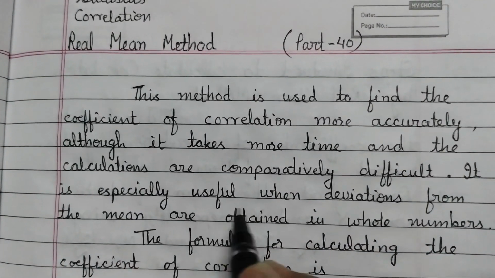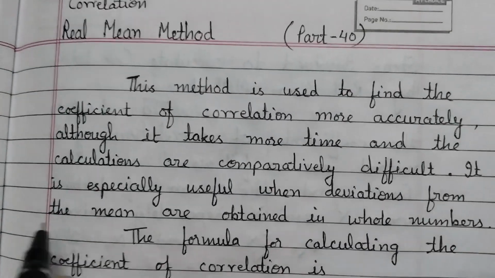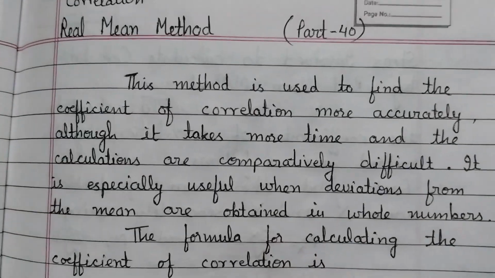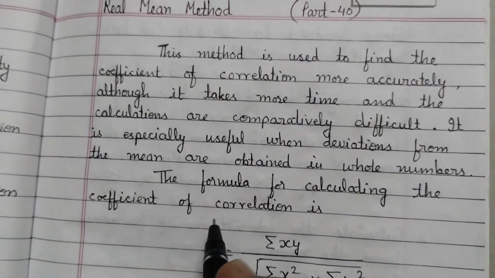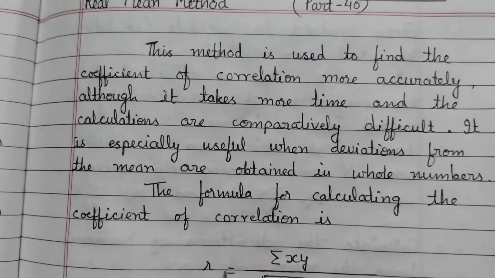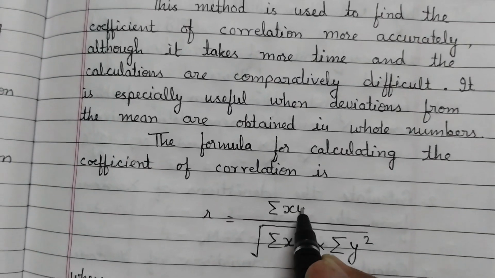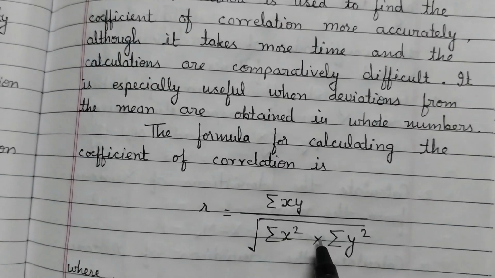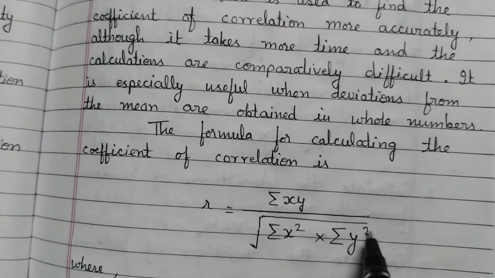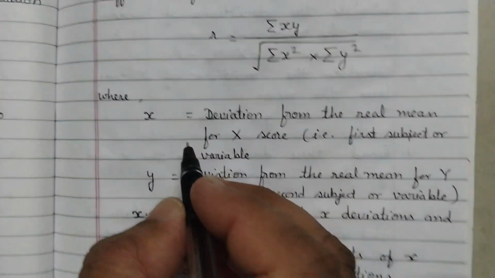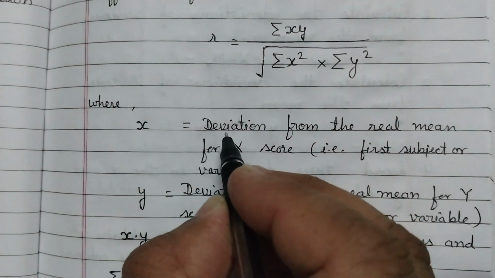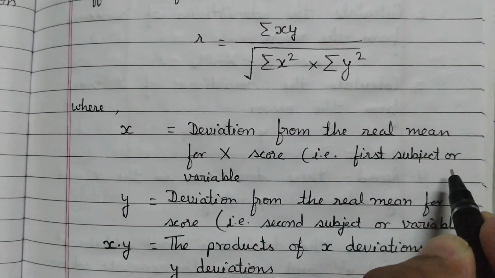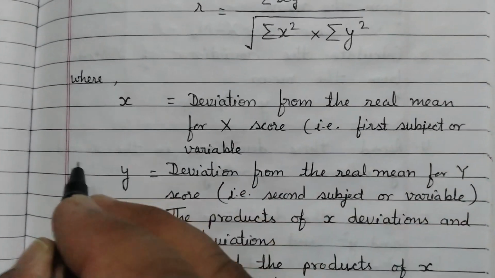It is especially useful when deviations from the mean are obtained in whole numbers. The formula for calculating the coefficient of correlation is r equals summation xy over the square root of summation x square multiplied by summation y square, where x is known as the deviation from the real mean for x score, that is the first variable.